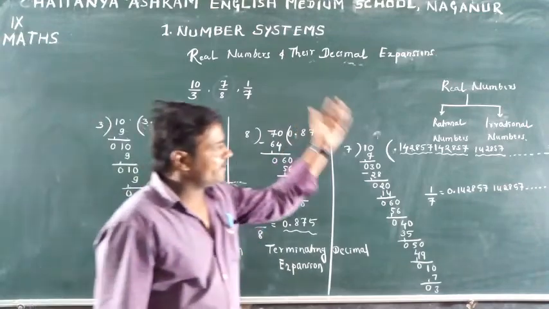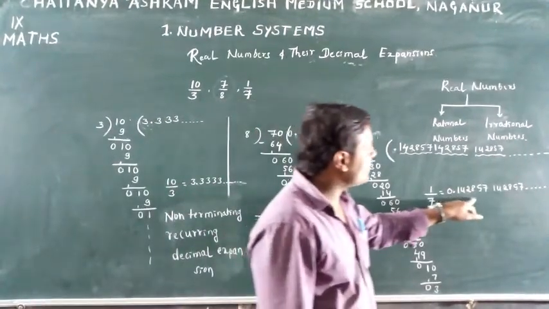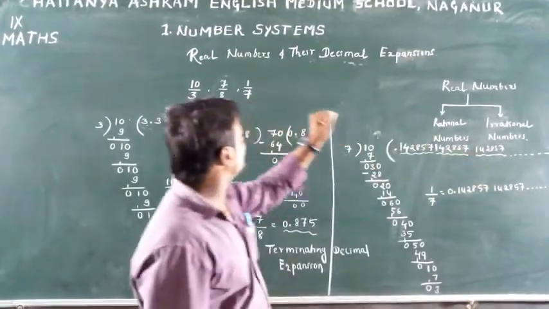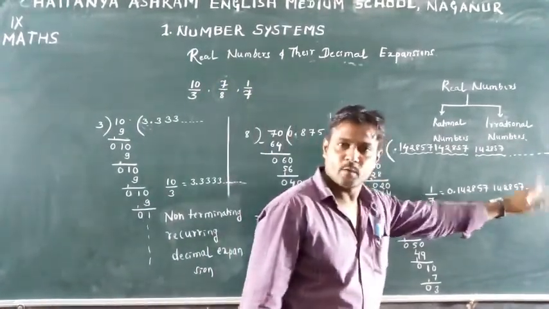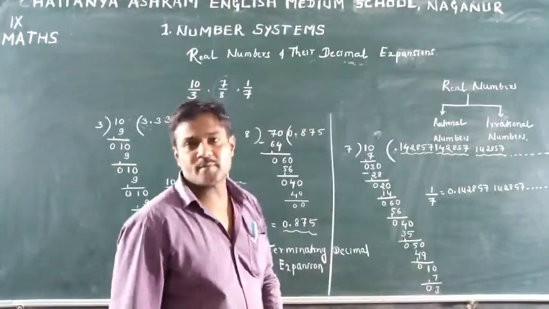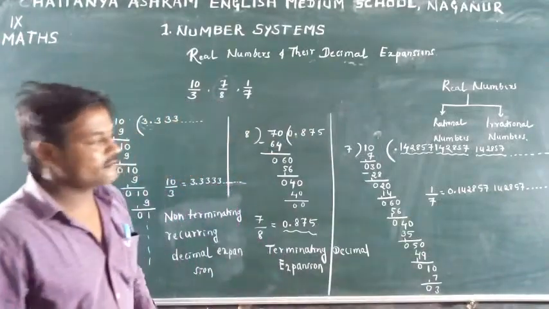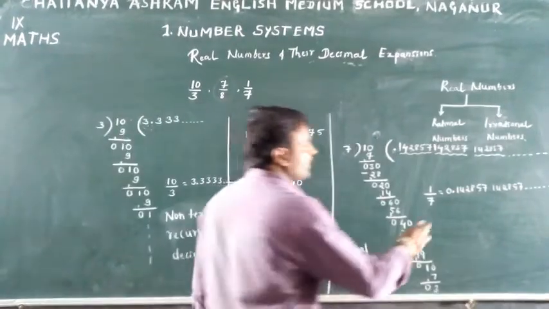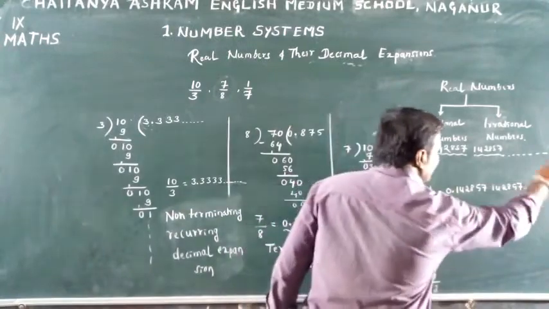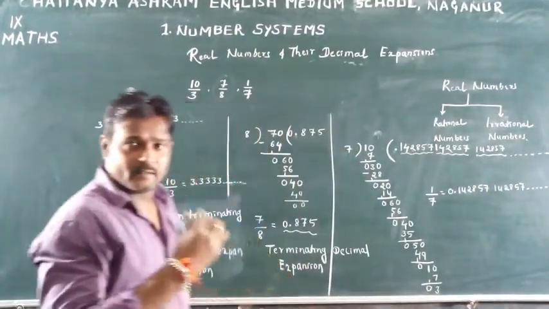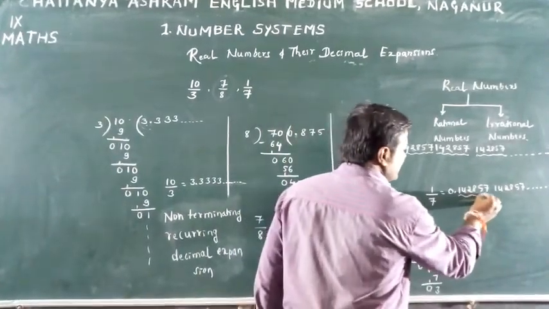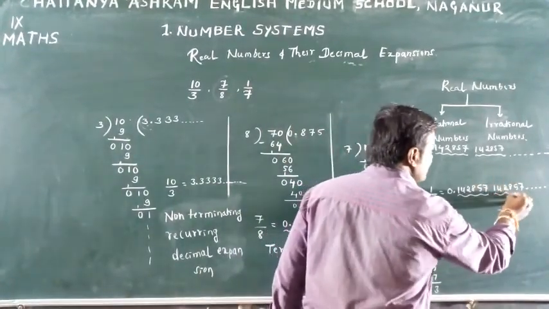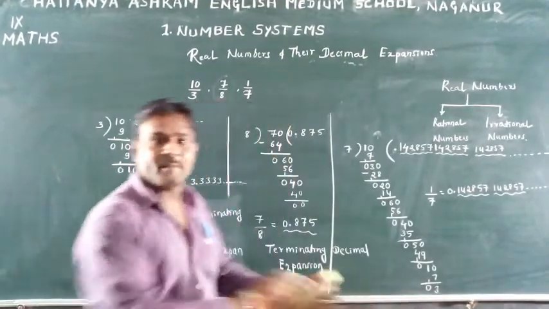Yes. Dear children, what can you say about the decimal expansion of 1 by 7? This is its decimal expansion. Okay? What kind of decimal expansion is it? Yes, division process not completed. See, and these 5 digits start repeating themselves, it follows a pattern.